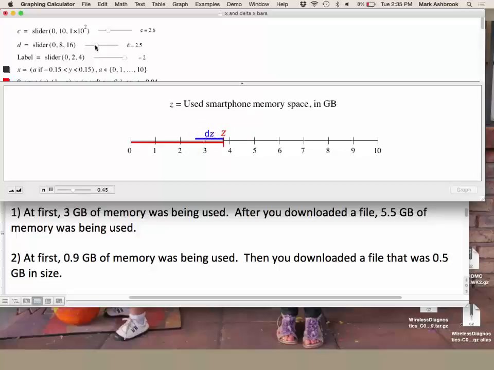Read carefully. They're not all the same. Not all the same. Read carefully. Ask your neighbor, compare it to your neighbor, and then raise your hand.